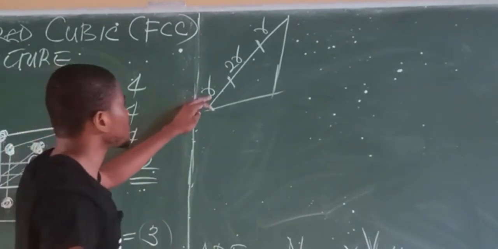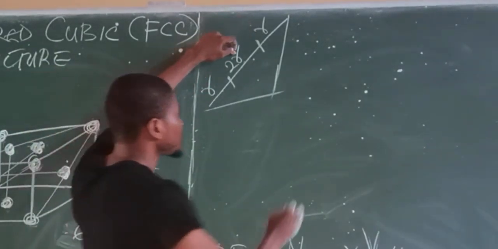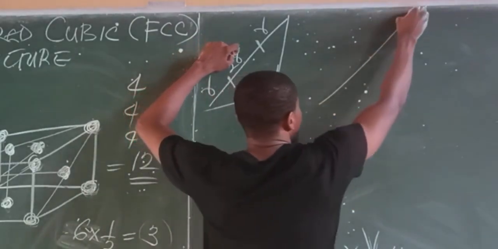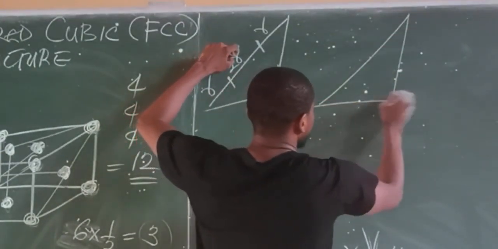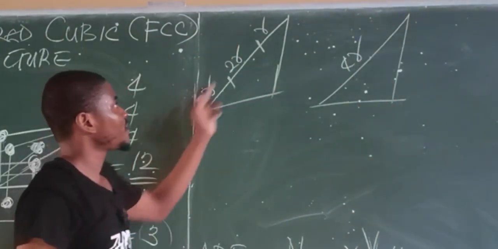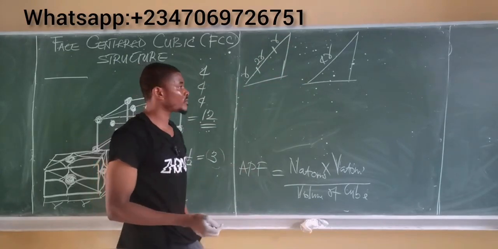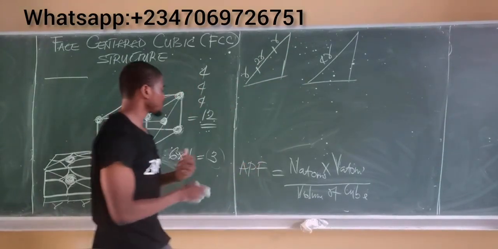So radius plus 2r plus r simply gives us 4 radius. That means on this diagonal face we have 4 times the radius, which is the total value of the diagonal, r plus 2r plus r, and that simply gives you 4r.